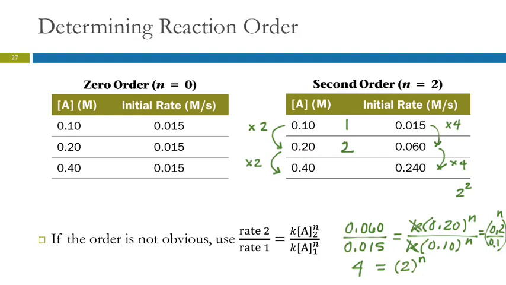Any questions? Yeah, if you can't see it, you can use logarithms. So let me show you how that works over here. 4 equals 2 to the n. If I take the log of both sides, base 10 log, the log of 4 then equals the log of this thing.